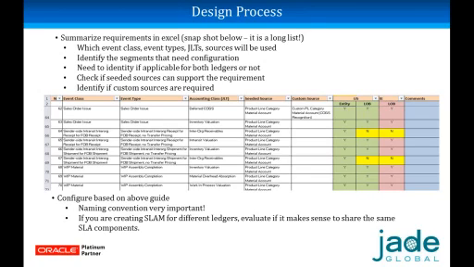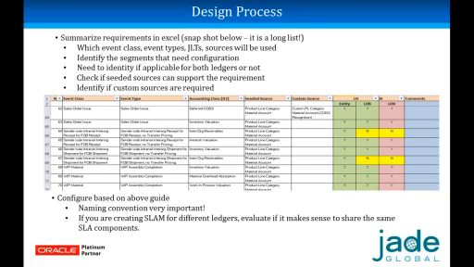You will see in the spreadsheet the event class, event types, JLP or accounting class, and the seeded sources and the sources that will be used, either seeded or custom. We flag the segments by ledger, indicating a yes or no for each combination of event class, event type, and JLP.